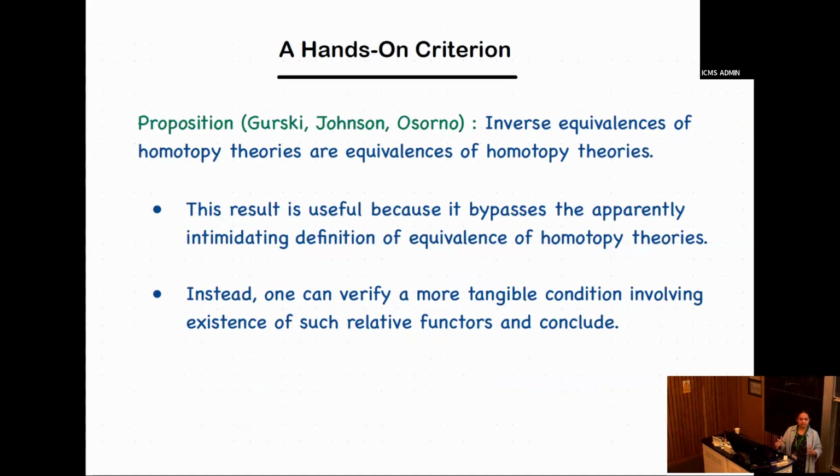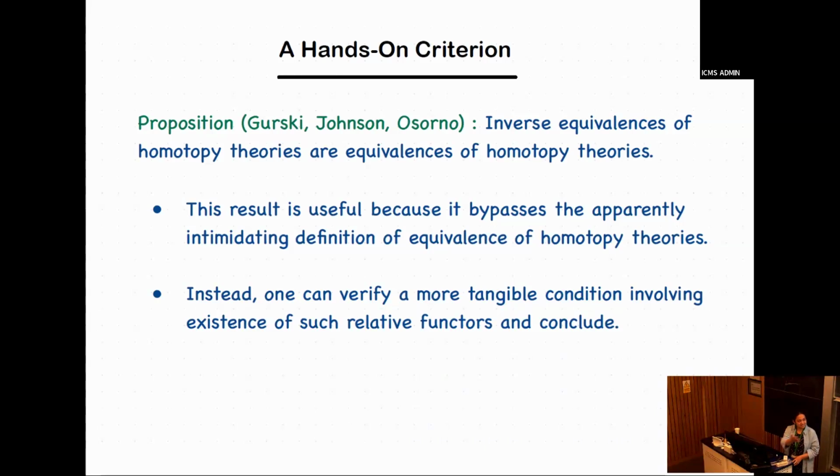Usually, if you're trying to find out equivalences of homotopy theories, you take the two categories, you do some taking nerves and everything, you go to a bisimplicial set, and then from there you have to use the model structure on bisimplicial sets to conclude about equivalences of homotopy theories.